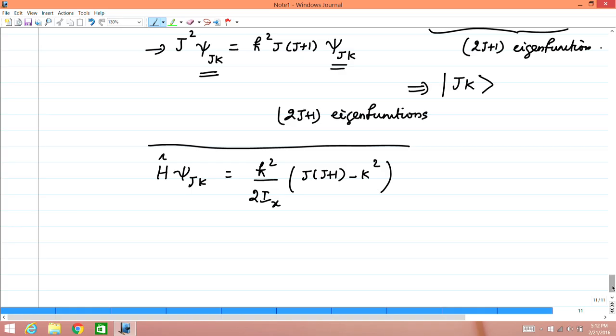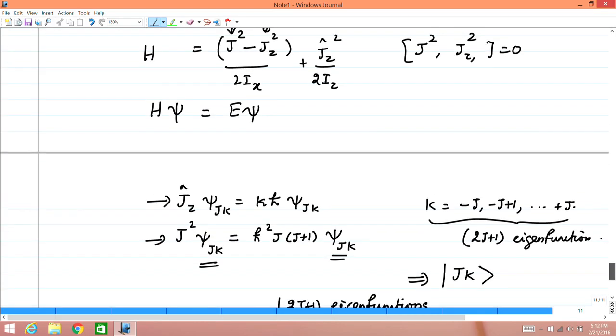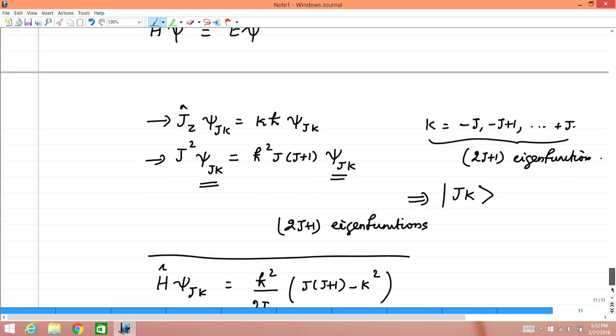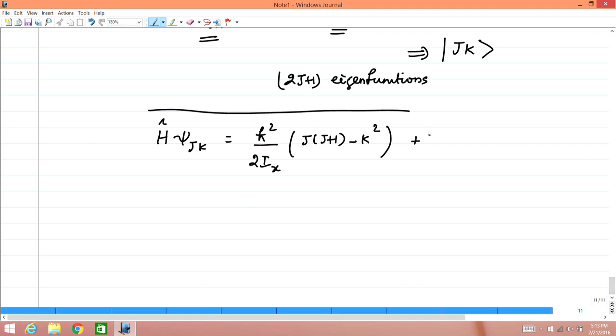The other term in the Hamiltonian, Jz square by 2Iz, gives you simply h bar square k square by 2Iz. All of this is the eigenvalue multiplying the eigenfunction psi J k. This is the quantum mechanical solution.